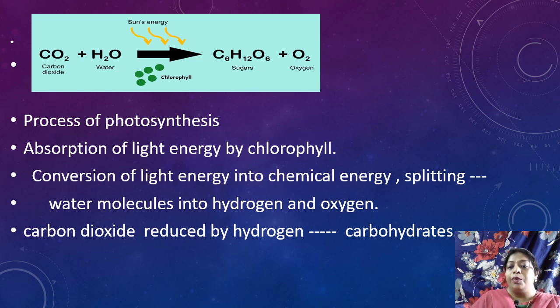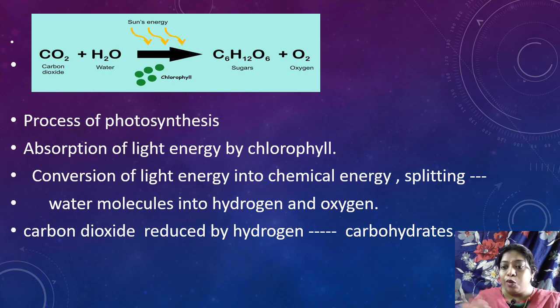The light energy is taken by the chlorophyll, and this light energy is converted into chemical energy. Now you may ask, what is that chemical energy? It's nothing but the splitting of the water molecules.